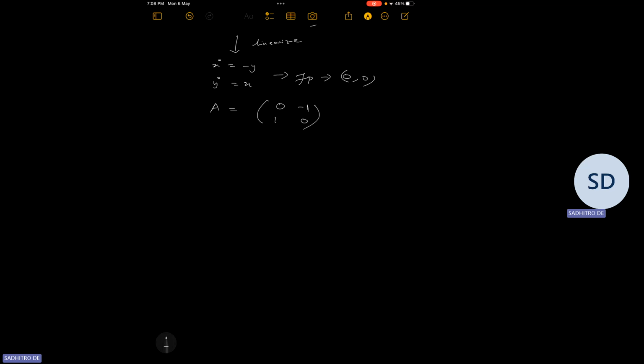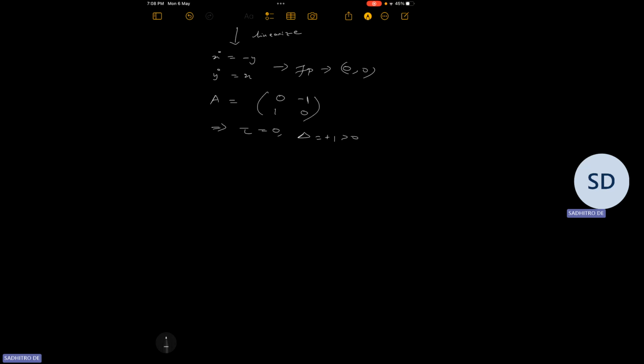So over here the trace is 0 and determinant is plus 1, which is greater than 0. So linearization predicts that 0 0 is a center.